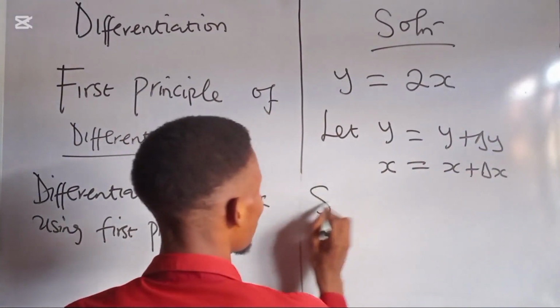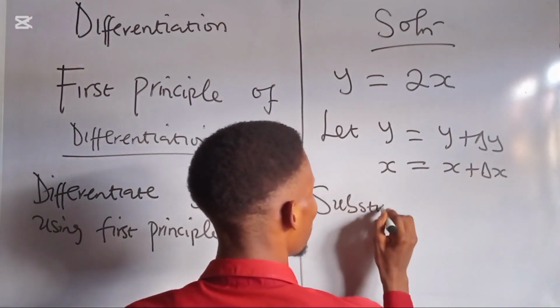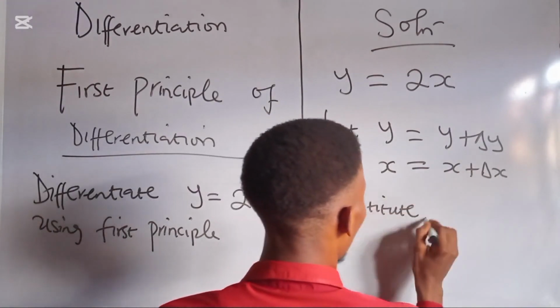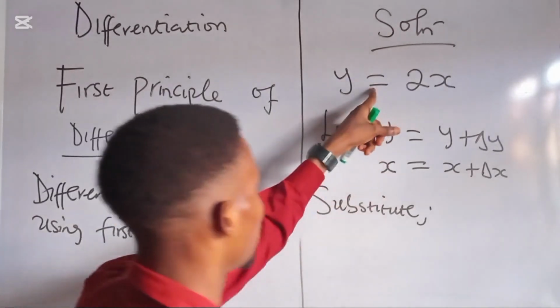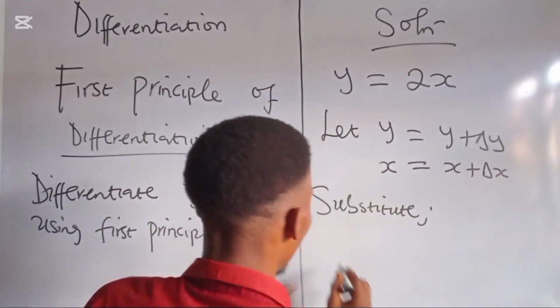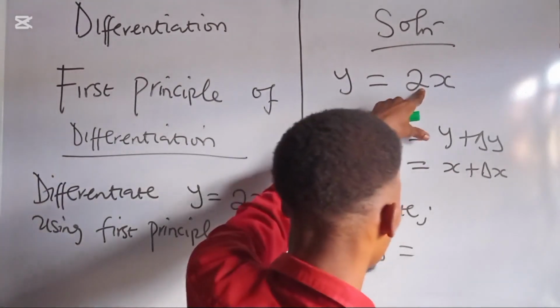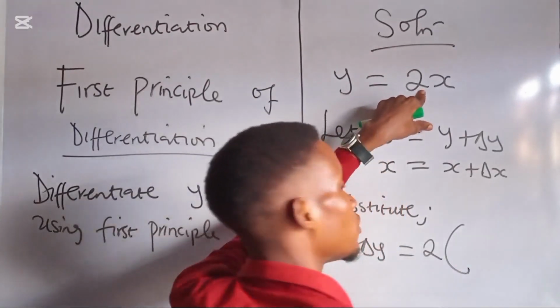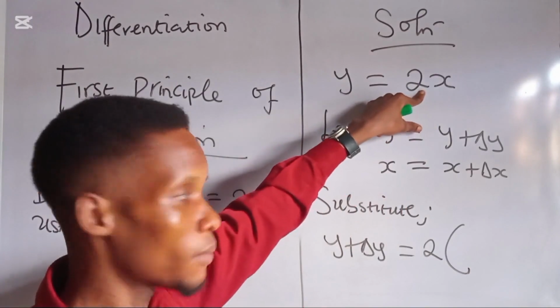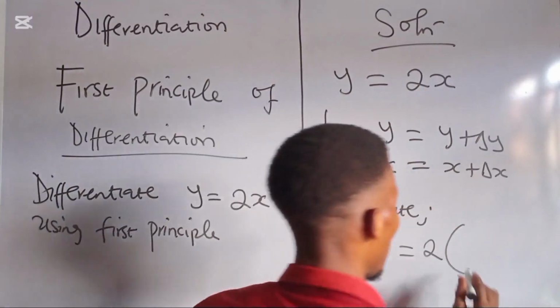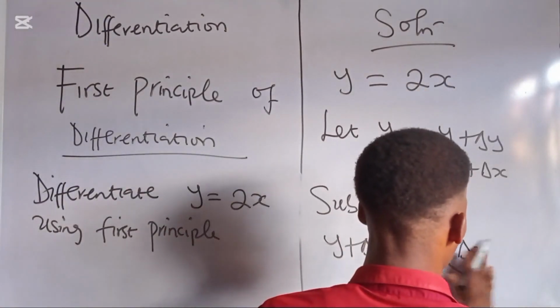We can now substitute. If we substitute now, we are going to have y plus change in y equals 2, then bracket. You understand what I'm doing? Then x plus change in x should replace x.